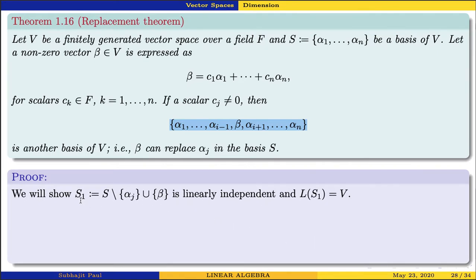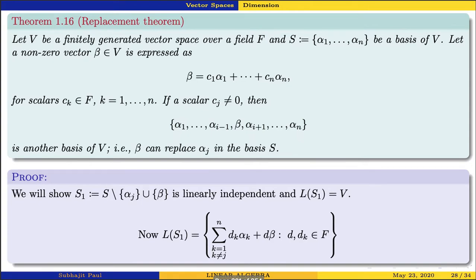We are going to show that this one, S1, is a basis by showing that it is linearly independent and L of S1 is equal to V. Now L of S1 is the sum of dk alpha k, k runs from 1 to n, k not equal to j, plus d beta, where all these scalars dk's and d are varying in F. That is what L of S1 is.